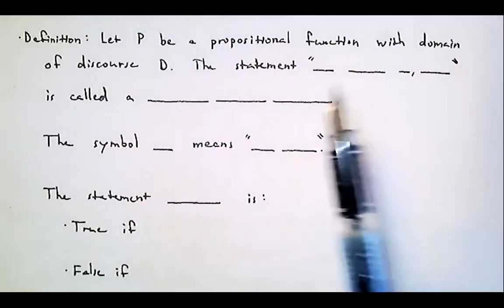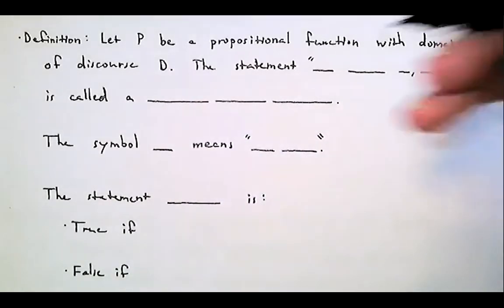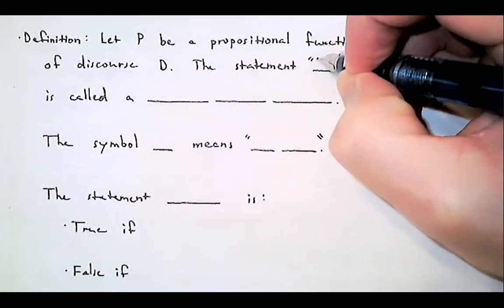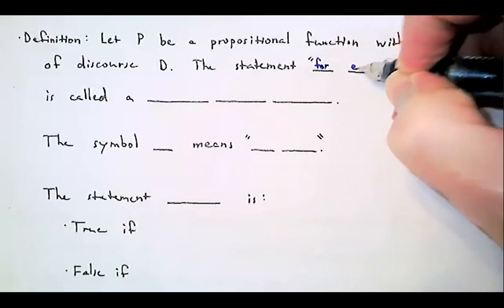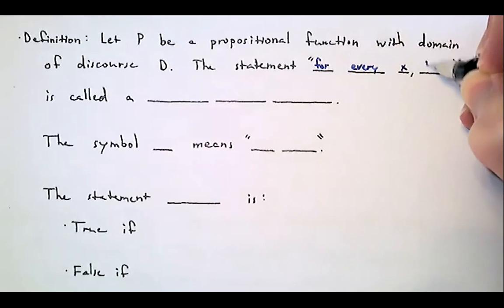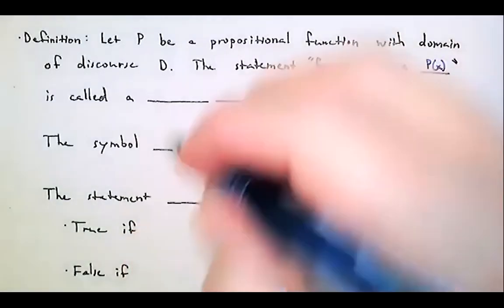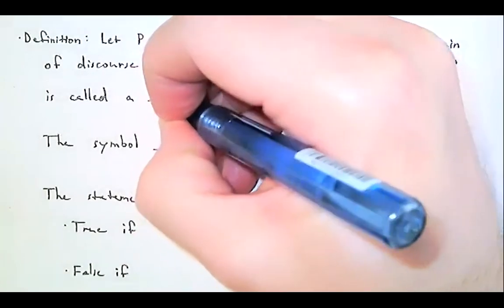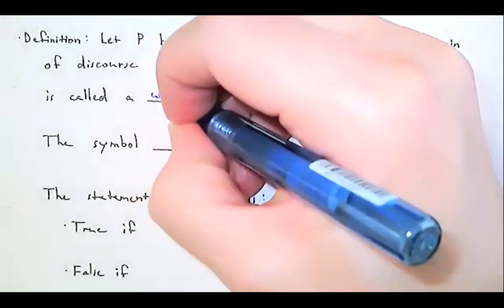Then this new statement that I'm about to write, for every x, P of x, is called a universally quantified statement.